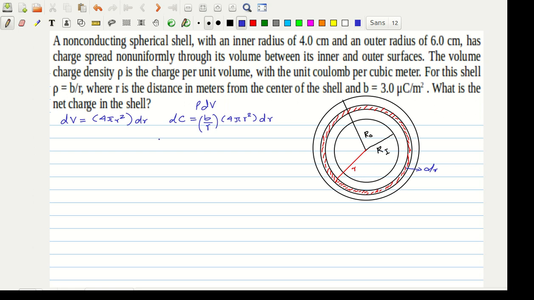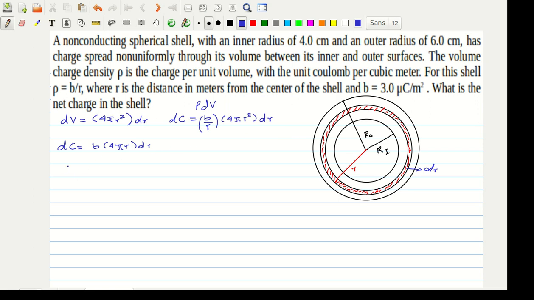So we get dC is equal to B times 4 pi r dr. And now all we have to do is integrate to find what the total charge is going to be.